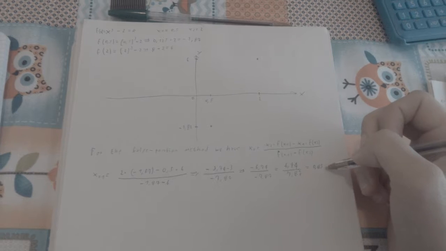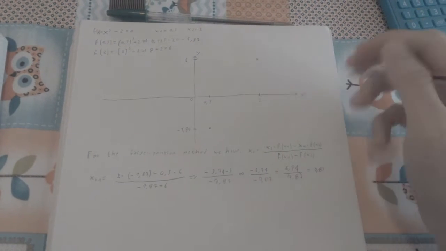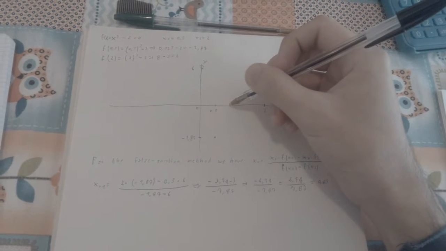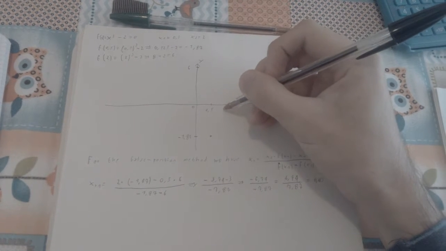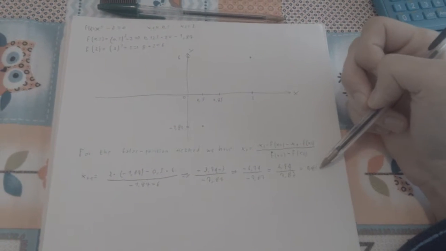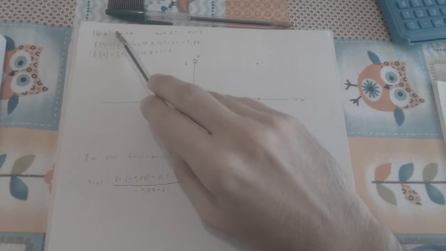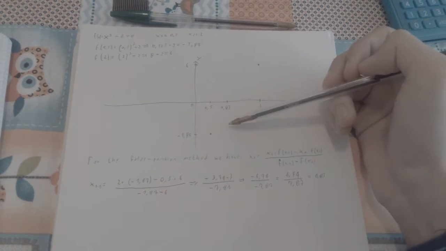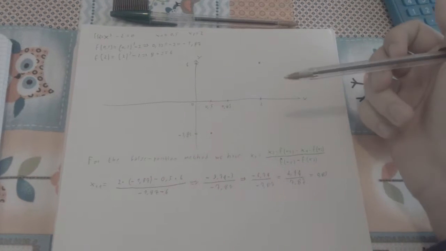So 0.85 is going to be our new point, like here. Now we're going to plug the point that we have just found, 0.85, back into our function, and we're going to see whether it's still positive or negative, and according to that, I'm going to go on.